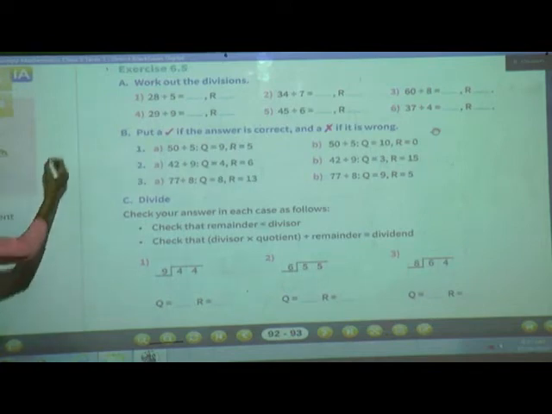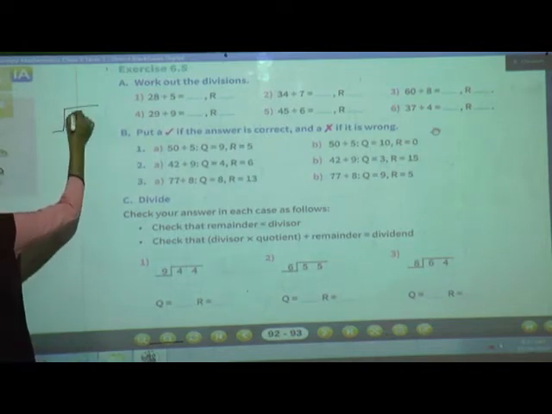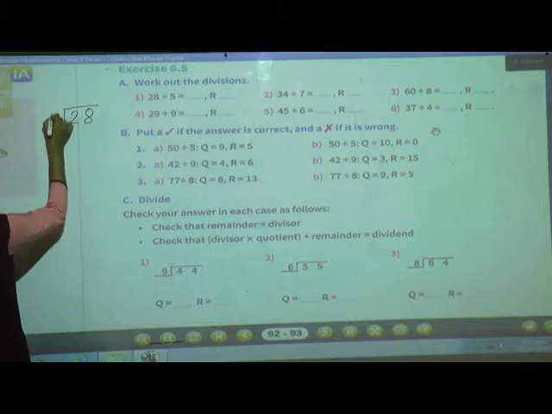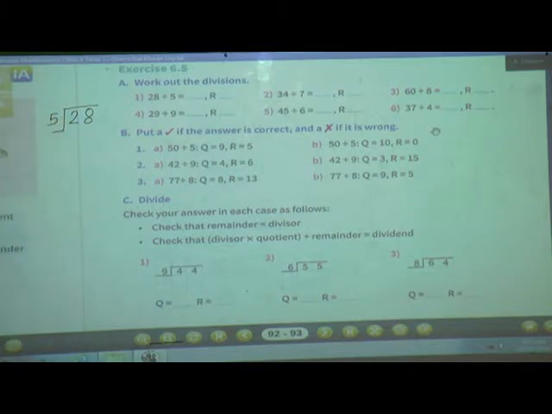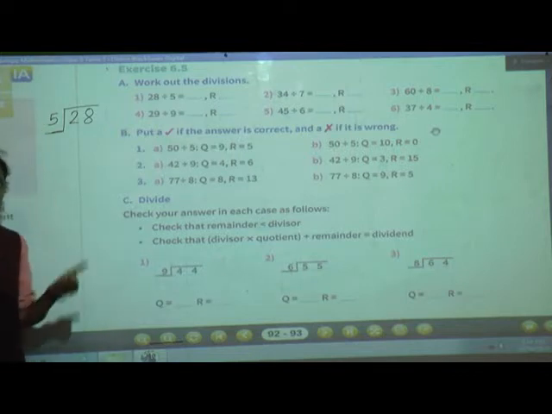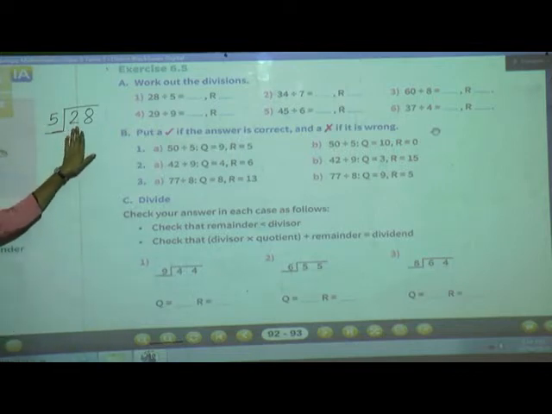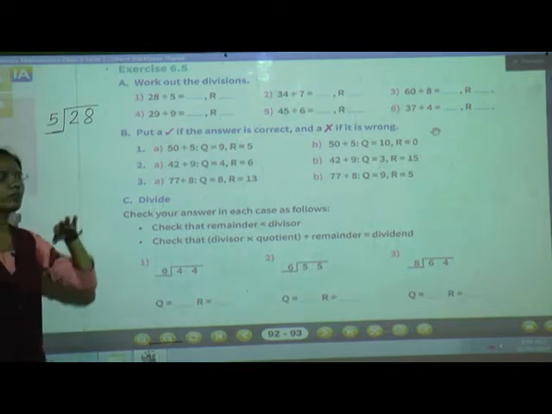See here, look at the board. 28 divided by 5. What is the dividend? 28 is the dividend. What is the divisor? 5 is the divisor. Now you have to see the table of 5. In that table, is 28 there? No, 28 is not there. Then what we will do?